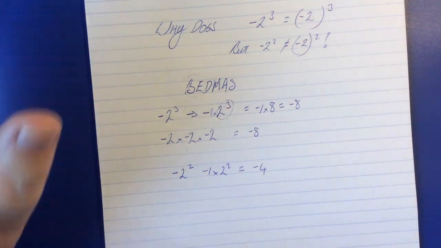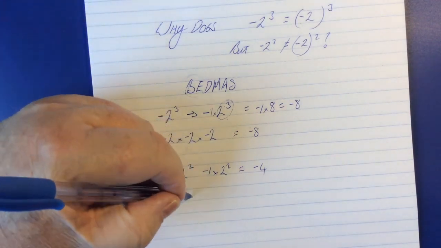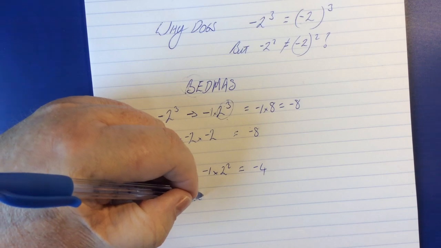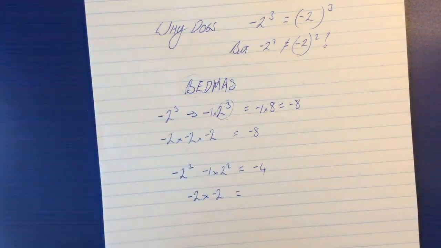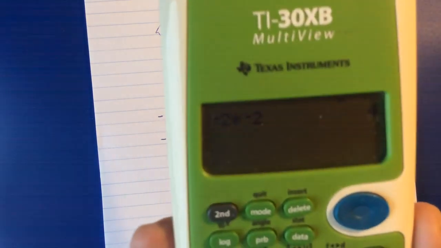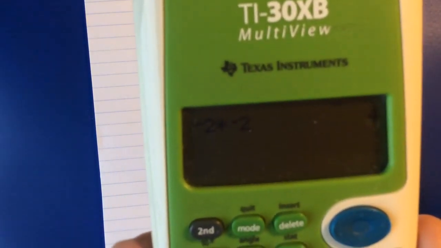Now, the last bit here instructs us to do the following. And you don't need a calculator to show you this, but I will do it nevertheless. There we are. -2 times -2 on my calculator.